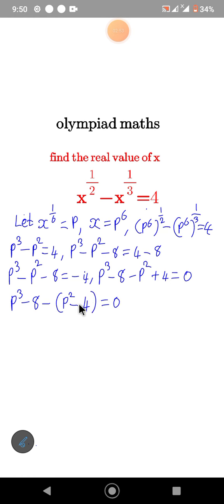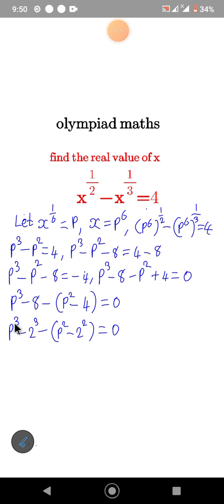Now if you look at the minus times minus, we get plus here. So the next thing I'll do, I'll say p raised to the power 3, then here will be, instead of 8, I'm going to write 2 raised to the power of 3, minus, open bracket, p squared minus 4, which will be 2 raised to the power 2, equal to 0.